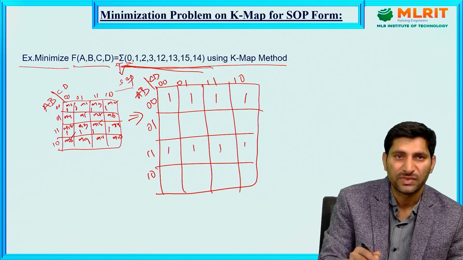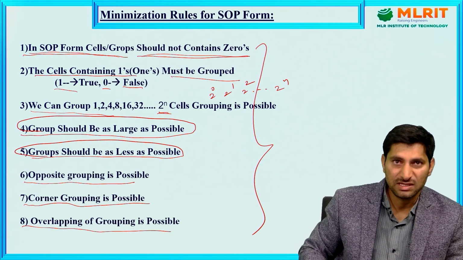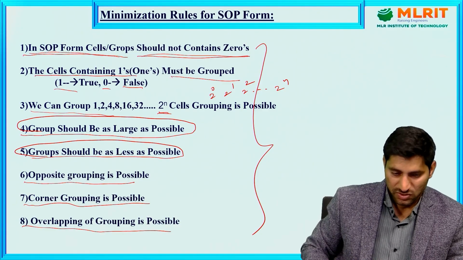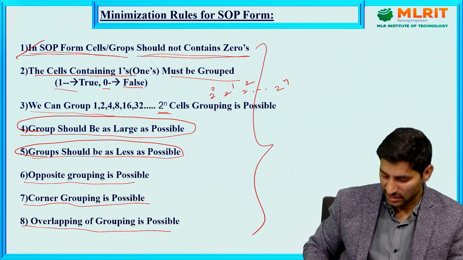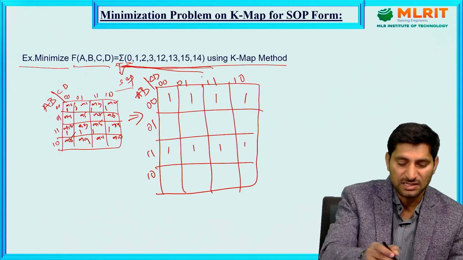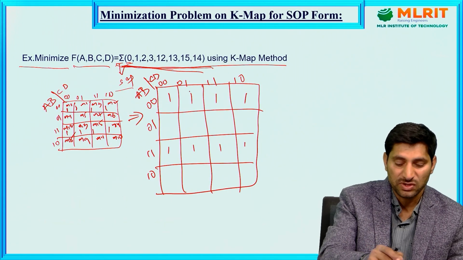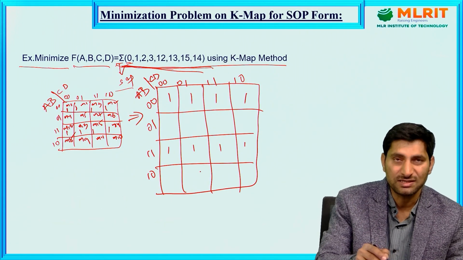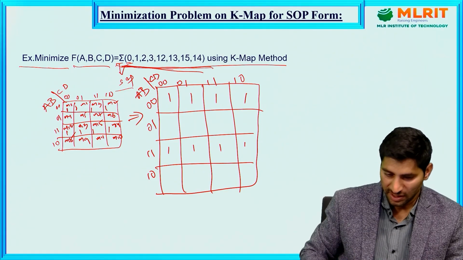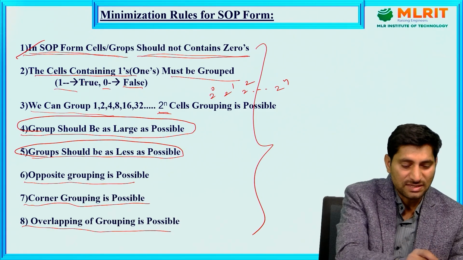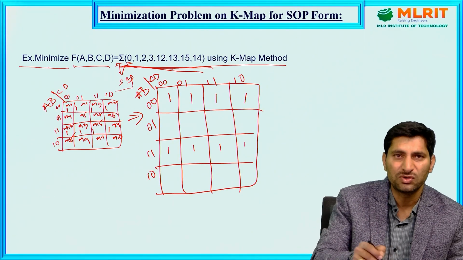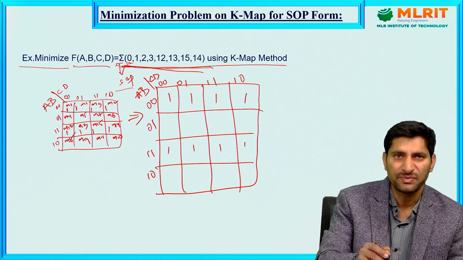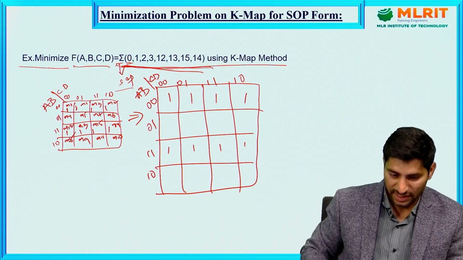Now, if we apply these rules: in the first rule, in SOP form cells or groups should not contain zeros. Here you can observe all the cells do not contain any zeros. Then, the second rule, the cells containing 1 must be grouped. Here we have to group only the cells which contain ones.